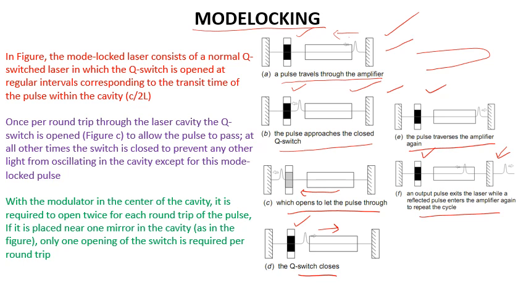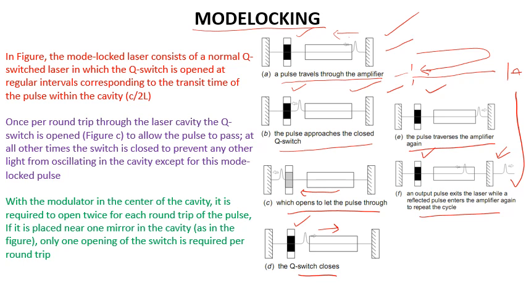And when it comes here, the Q switch opens, it passes through and then again travels. It travels through the amplifier in a number of steps. After a number of steps, the Q switch is closed, so it's not reflecting from this side, but it's coming out from this side, like here. So this is how the mode locking works in the time domain, you can say.